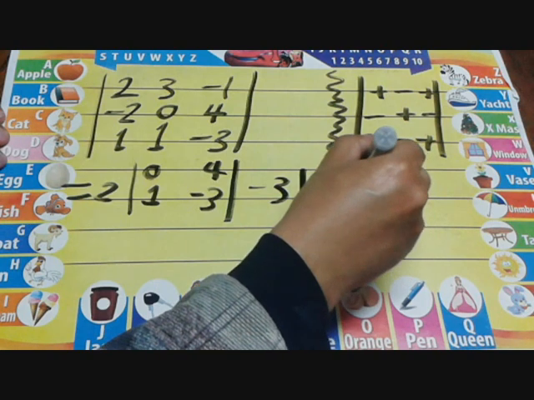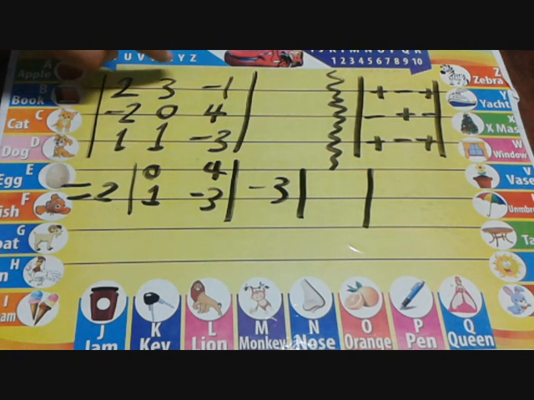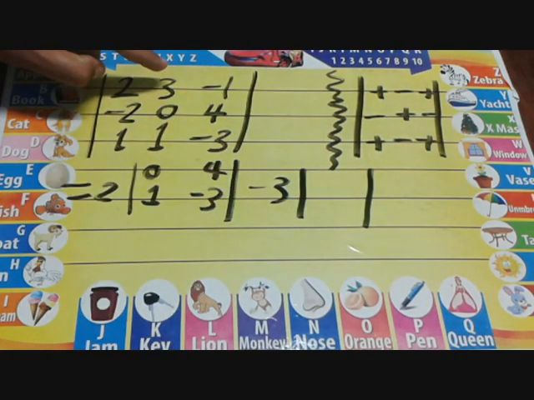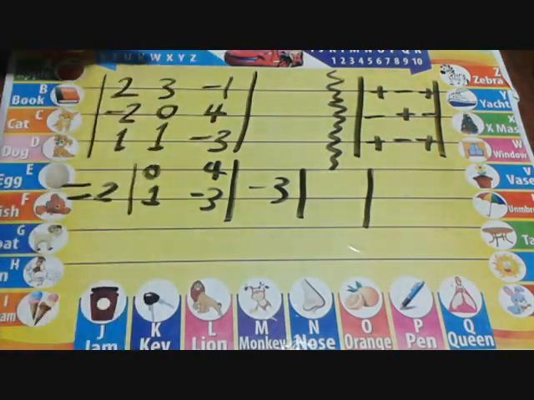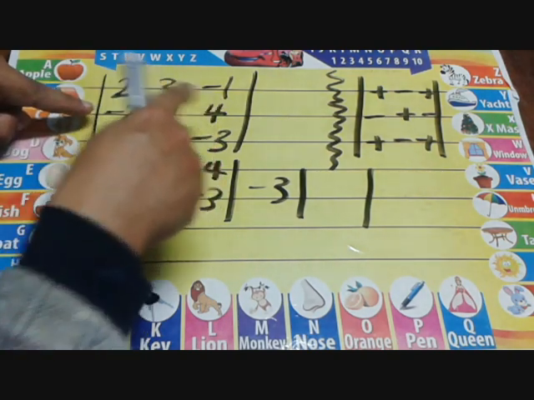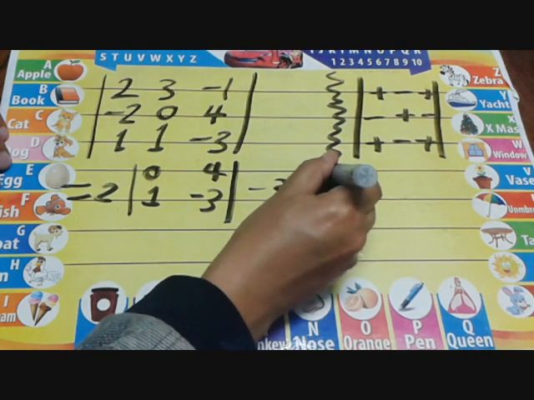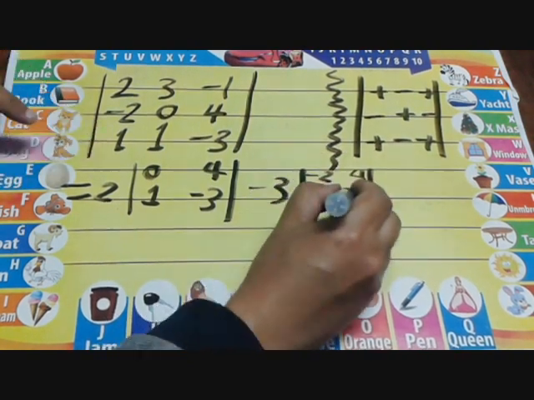This small determinant consists of what? Cancel this row and this column. Beside 3 negative. Cancel this and this. We obtain negative 2, 4, 1, negative 3.